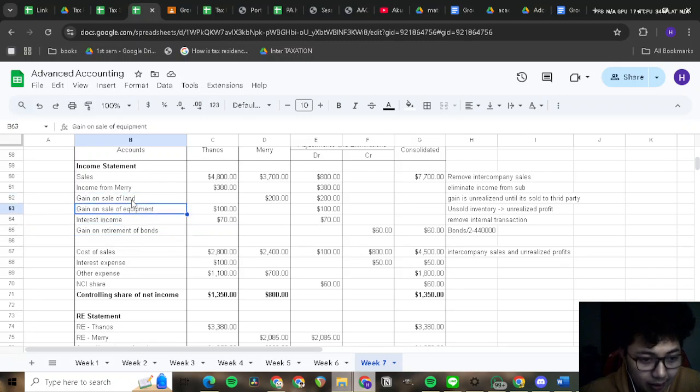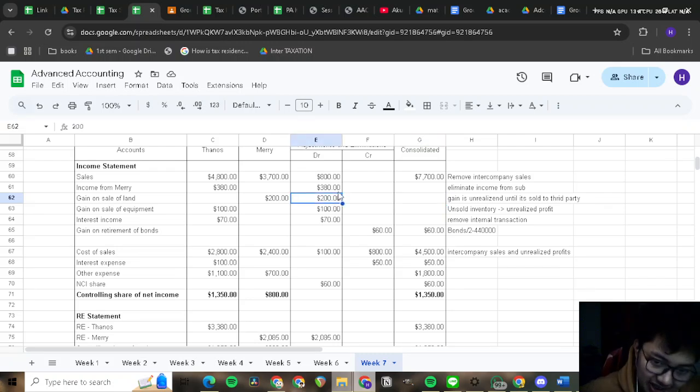As for the gain from the sale of land, I also eliminate this. The reason here is a bit different. It's mainly because you don't want to recognize profit from land unless the land is already sold again. So that's why I deleted the gain that was previously there, and that applies the same to equipment.